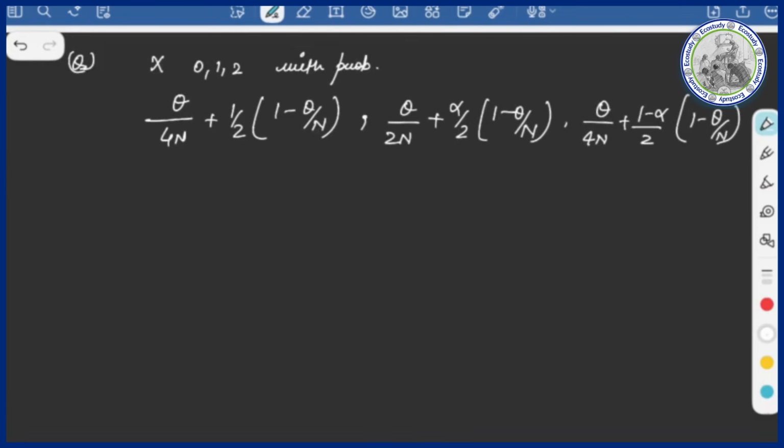Here n is a known number, and alpha and theta are unknown parameters, so basically you have to estimate these.